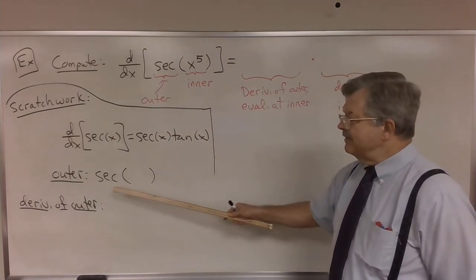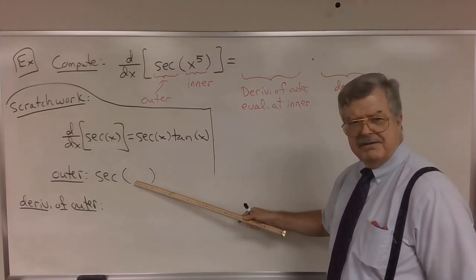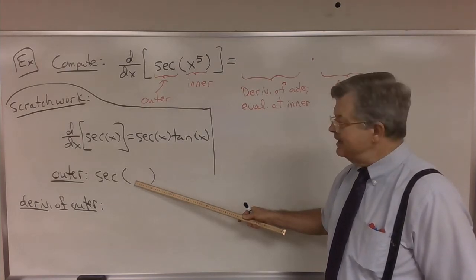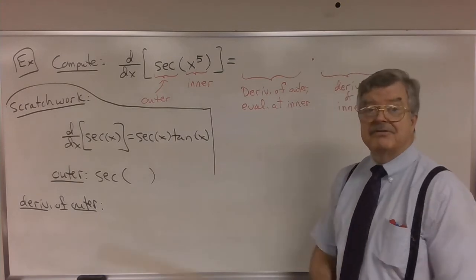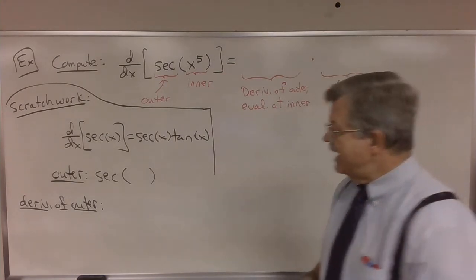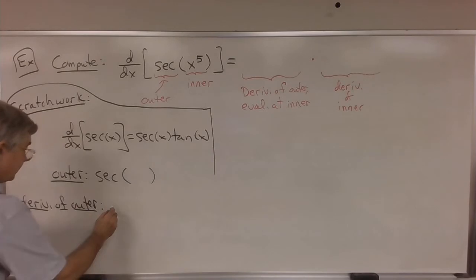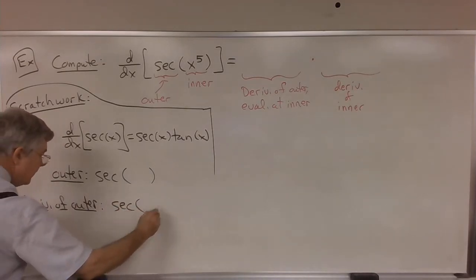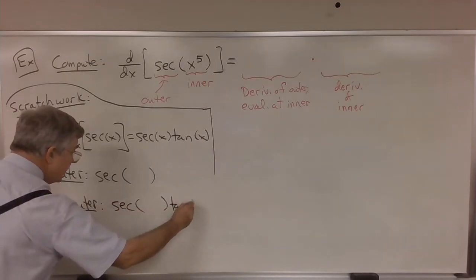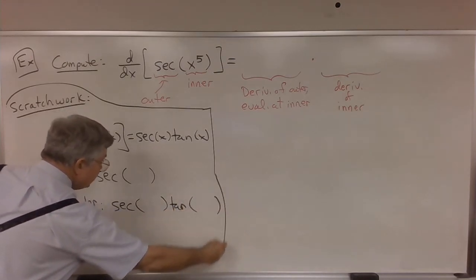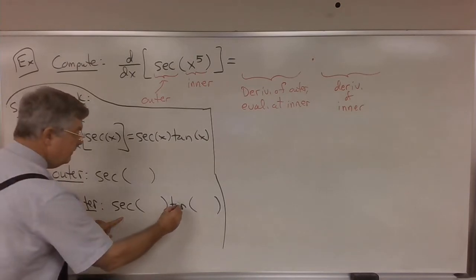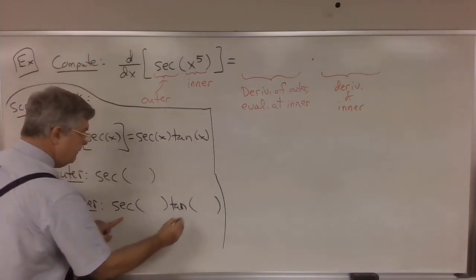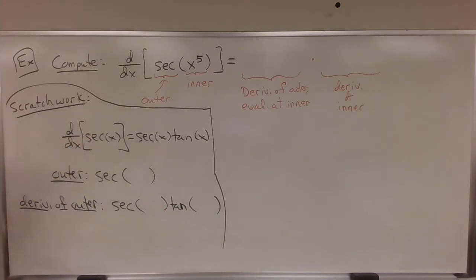So the derivative of secant of something is going to be secant of something times tangent of something. That's exactly what it is. That's the derivative of the outer function. Excellent.